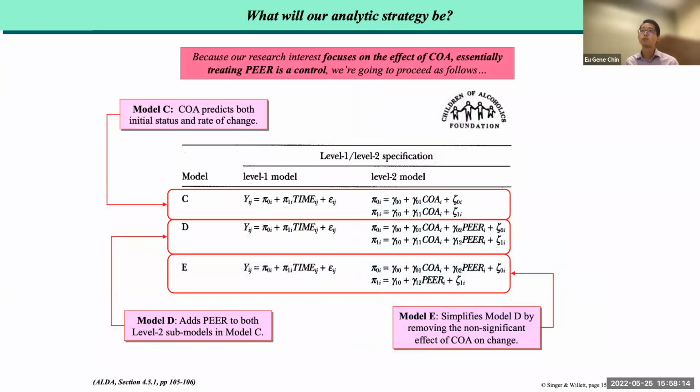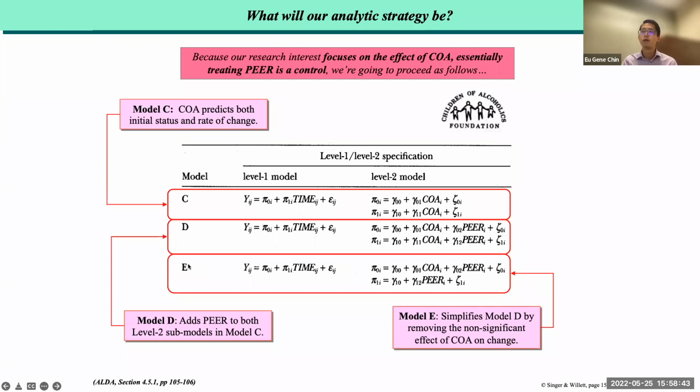So in subsequent models, we're actually going to fit model C. This is when we're going to add in a dichotomous variable of whether you are a child of a parent who is an alcoholic, yes or no. And then we're going to add in peer. This is model D, where we are going to add in the influence of your friends, what proportion of them is actually drinking on a regular basis.